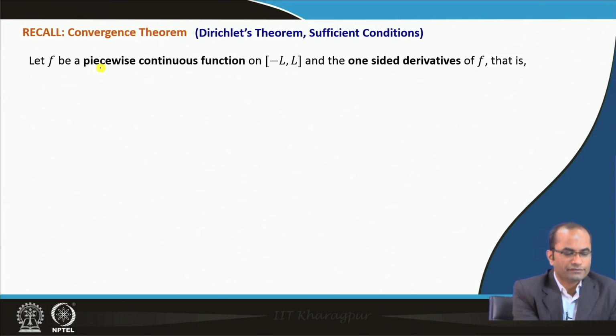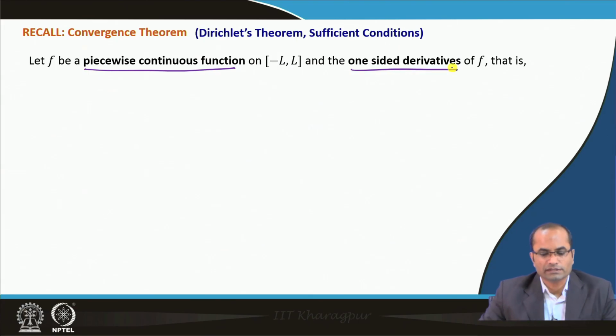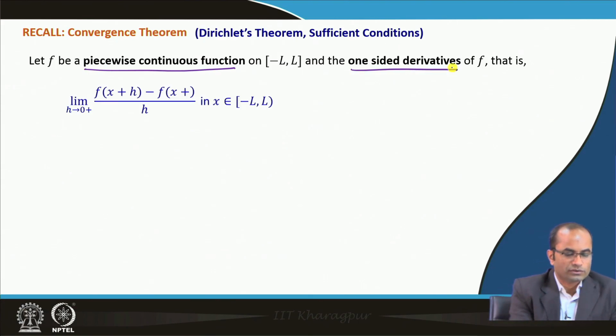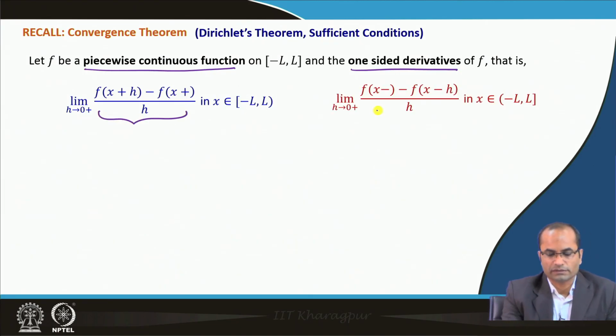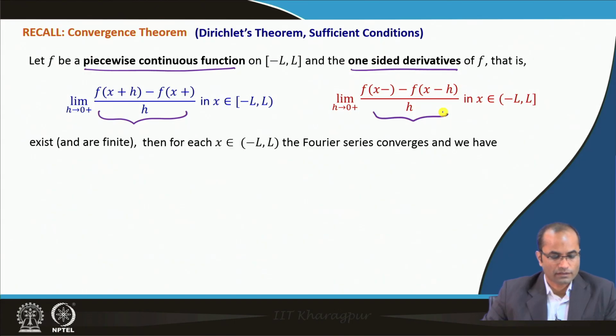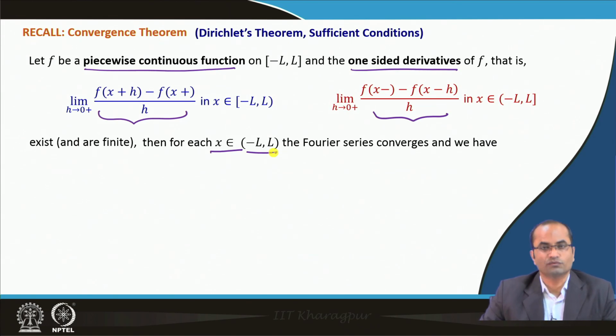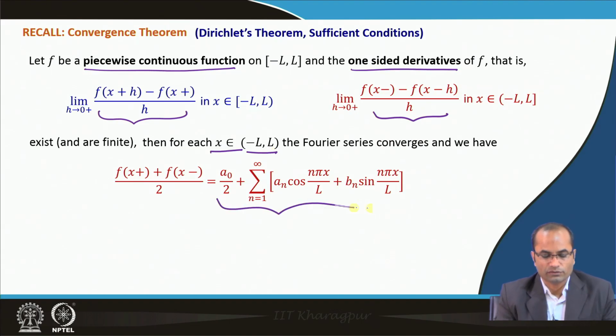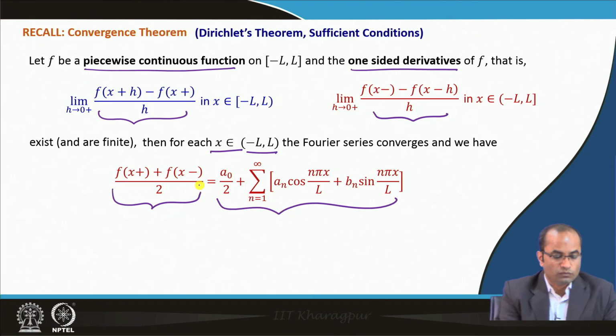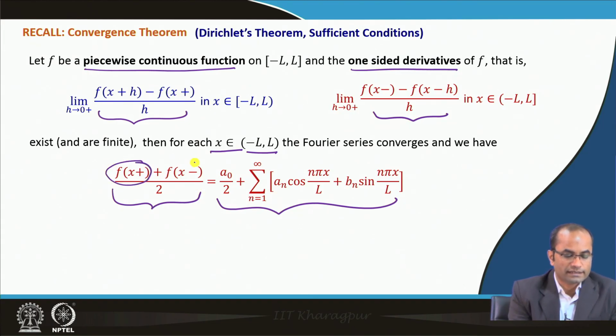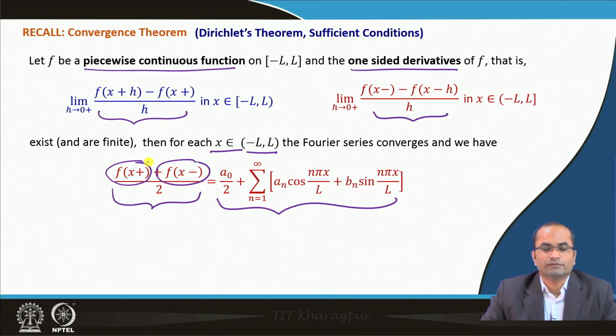Just to recall again, if f is a piecewise continuous function and these one sided derivatives, mainly this quotient, the limit of this quotient and the limit of this quotient exist, in that case for each x in this interval minus L to L, the Fourier series converges, and we have this result that the sum of this series is going to be equal to the average value of the function at that point, where f(x+) is the right limit at x and f(x-) is the limit of f at x from the left side.